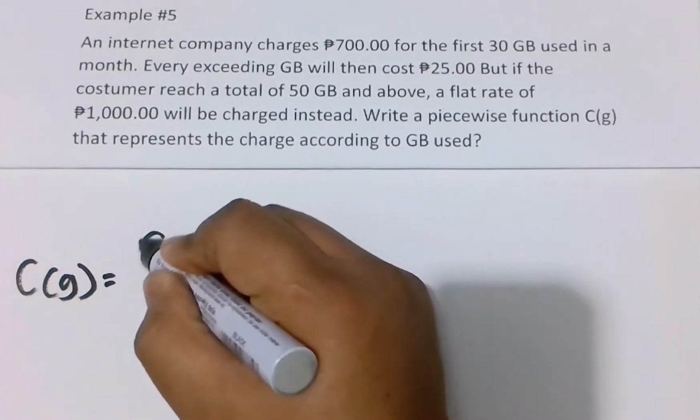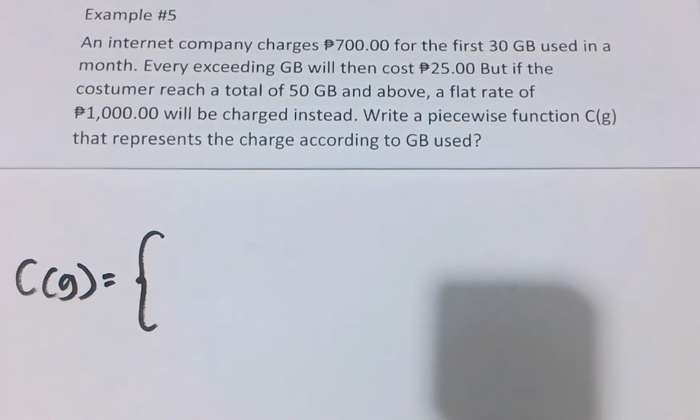Okay, now, as you have noticed, there are 3 conditions in this problem or in this example. So, therefore, there will be 3 functions then or equations ang lalabas sa ating piecewise function. Now, isa-isahin natin yung mga conditions na yon.